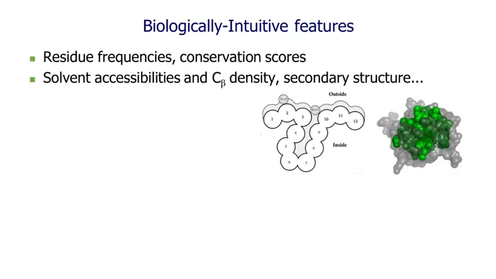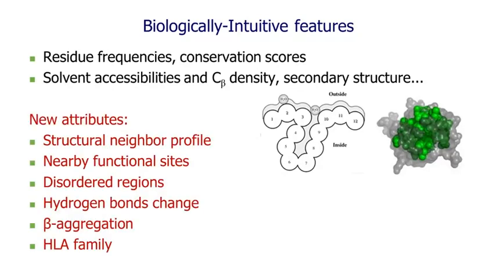Variations on the inside of a protein structure tend to be more damaging than those on the surface, so solvent accessibility has powerful predictive value. The novelty of SAPRED is that it had defined a number of new biologically intuitive features, some of which had proven to have high predictive value and were later adopted by new prediction methods developed by other groups.